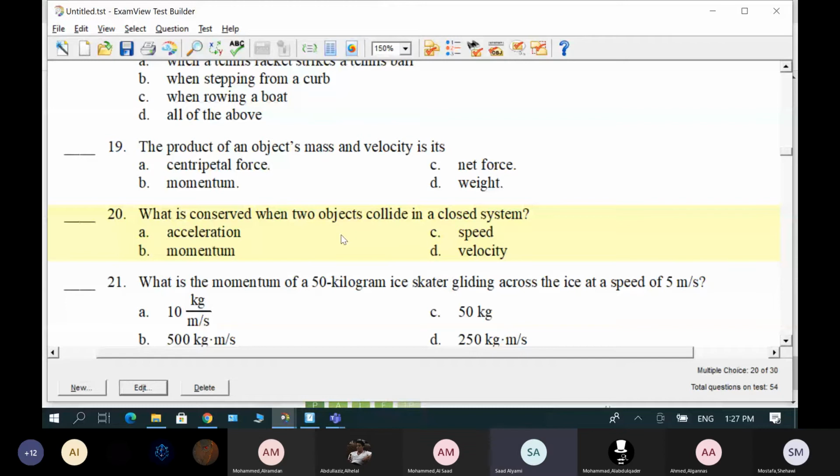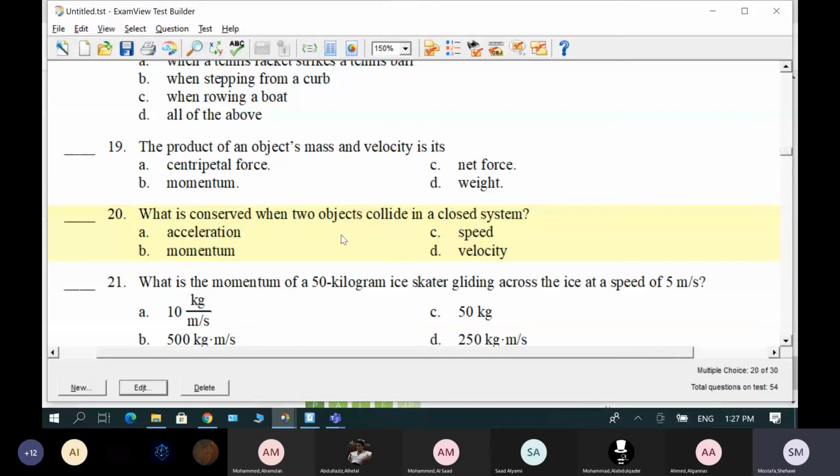It's momentum. Momentum, which equals mass multiplied by velocity, is conserved during collisions if you have a closed system. This is the condition to have momentum conserved.